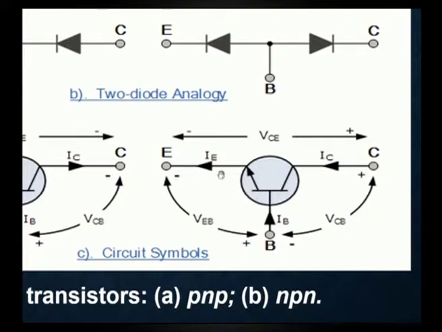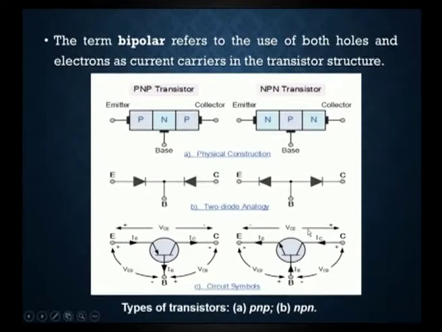The collector current is flowing in this direction, and the base current is flowing in this direction. Similarly, the voltage across emitter and collector will be VCE, across emitter and base will be VEB, and across base and collector will be VCB. This current flow direction is very important and helpful for further study.